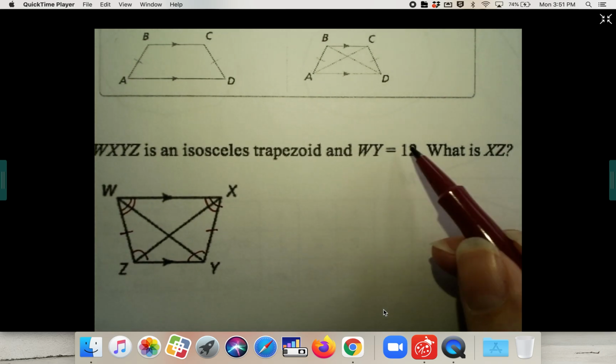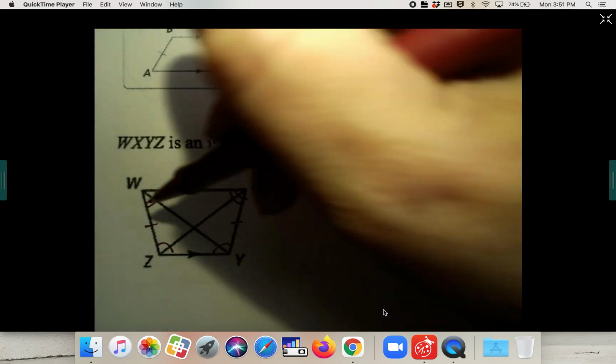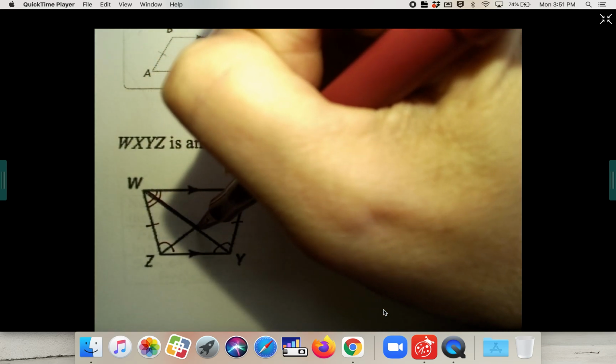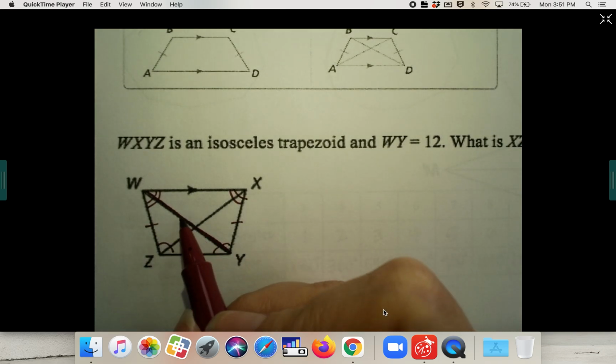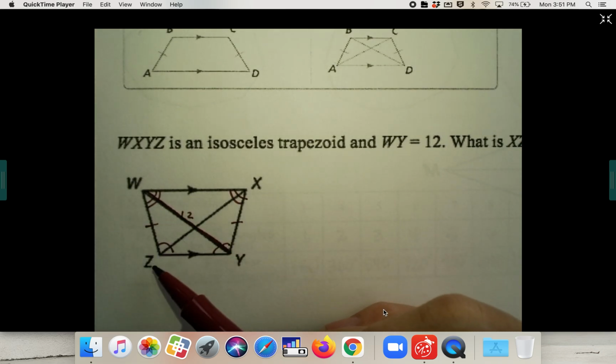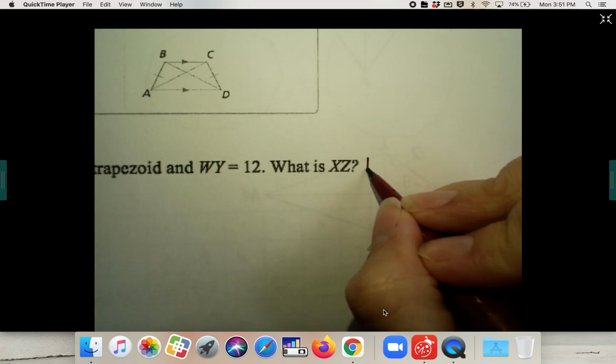It says WY is 12. So from here to here, the whole thing that I'm darkening in is 12. If that is 12, then XZ has to also be 12 because they are congruent. So XZ would also be 12.